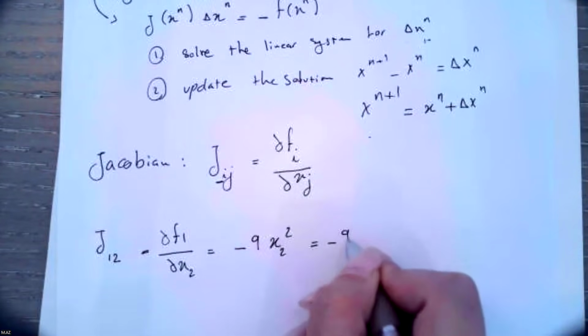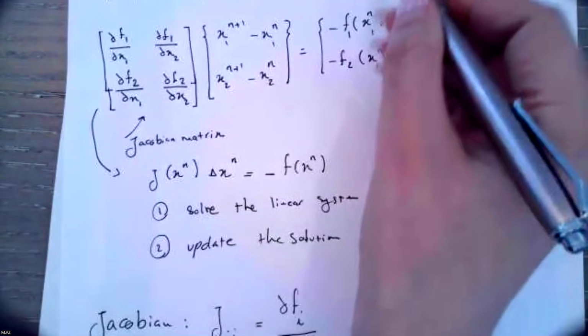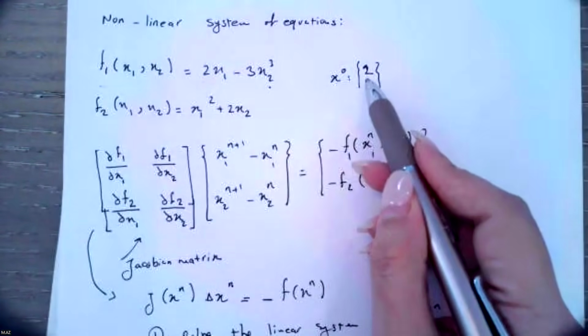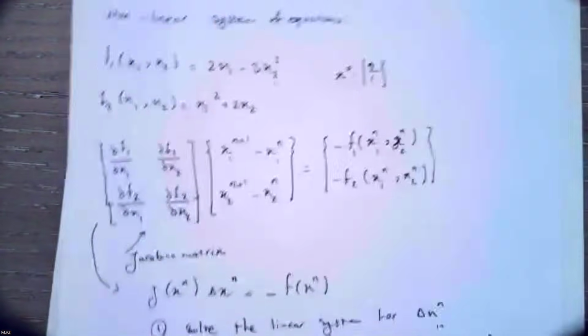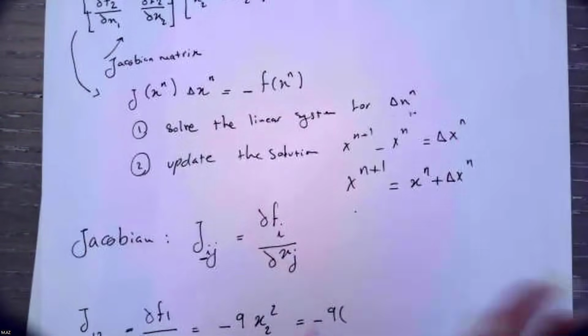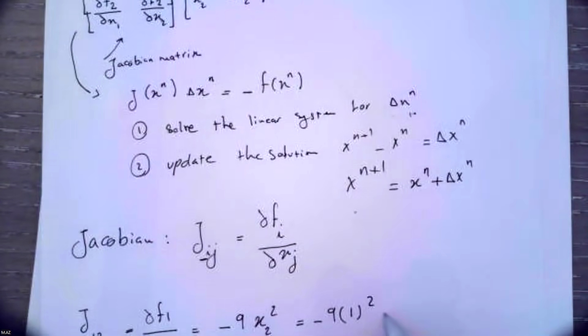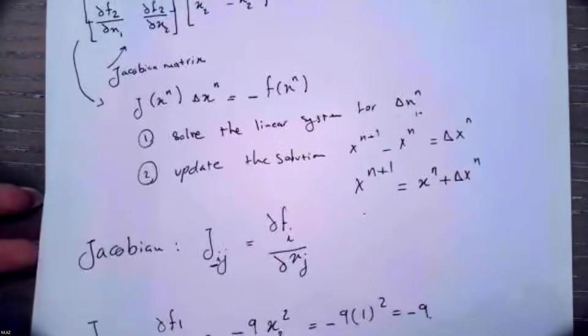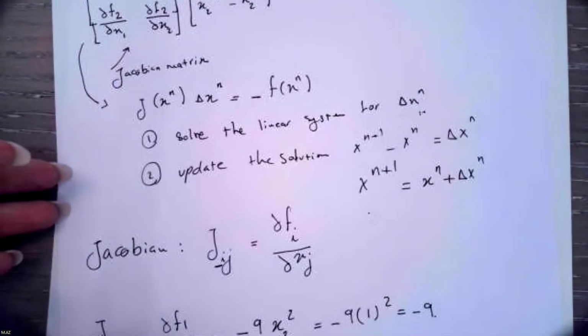And the value of x2 for the initial guess is given as 1. Okay. This is the answer of part A.